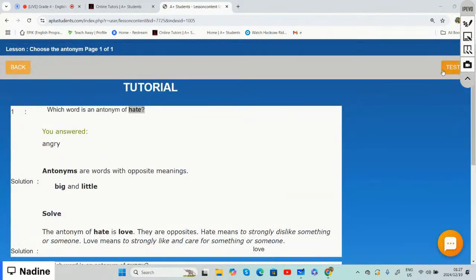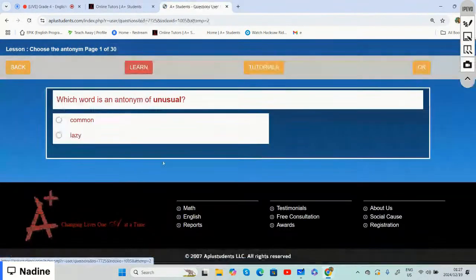All right. Let's go to our test. We need to choose the antonym. Which word is the antonym of unusual? Like, this is so unusual. The opposite of unusual, is it common, option one, or lazy, option two?